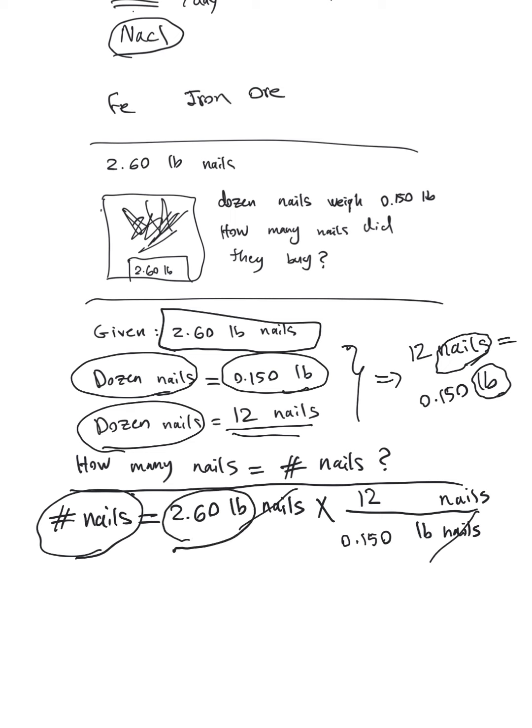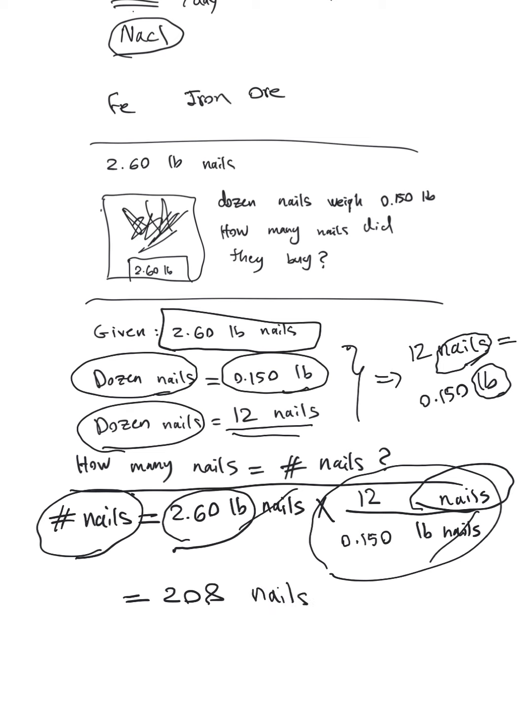And in order to find what you want to find, you write a conversion factor, and you write it somehow so that you can cancel out the term that is given, and then you find what you want to find. And then when you do the math, you would have 208 nails.